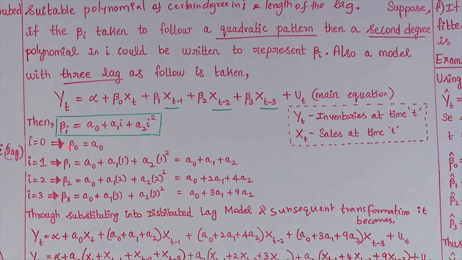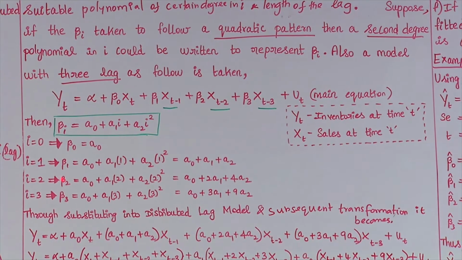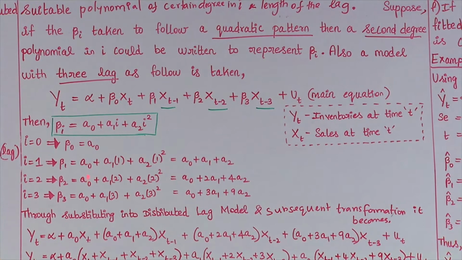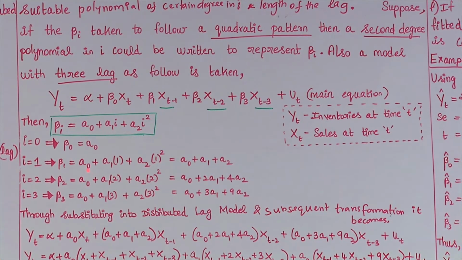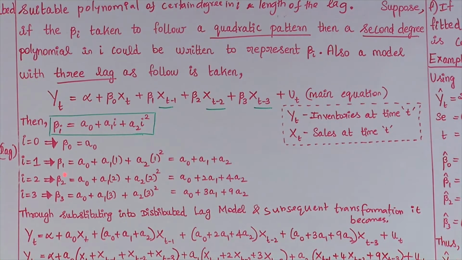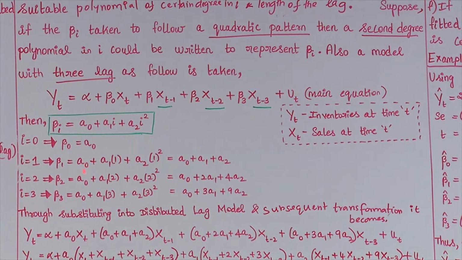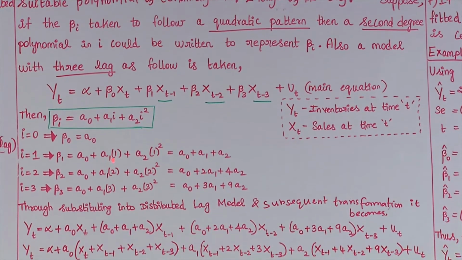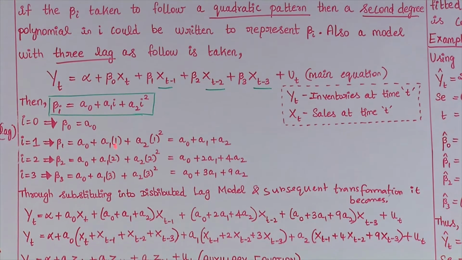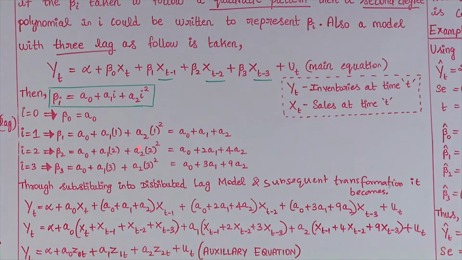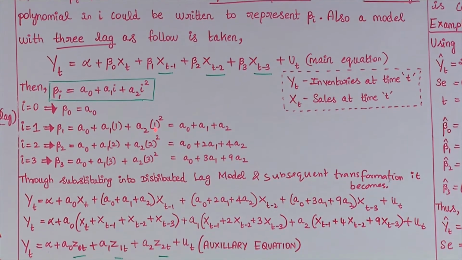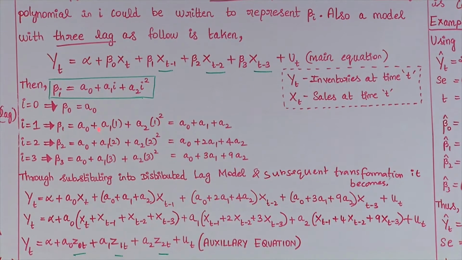If you put i equal to 1, you get the second effect in terms of a0, a1 and a2: a0 plus a1 into 1 plus a2 into 1 square, which reduces to a0 plus a1 plus a2.